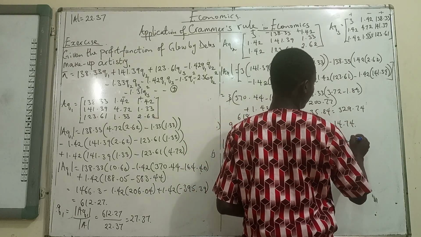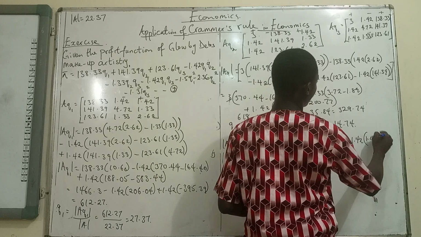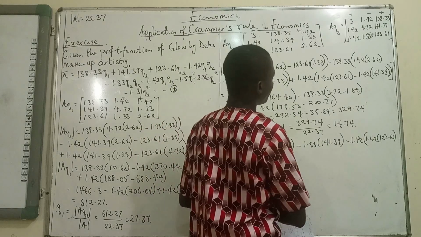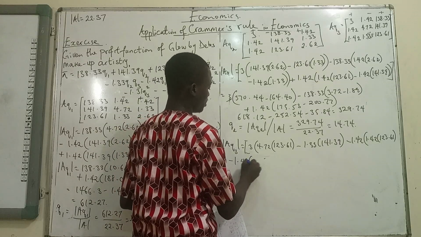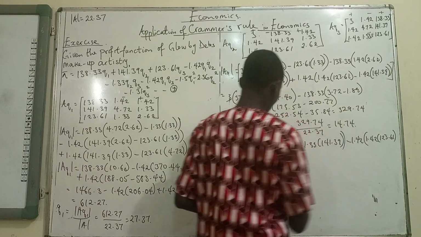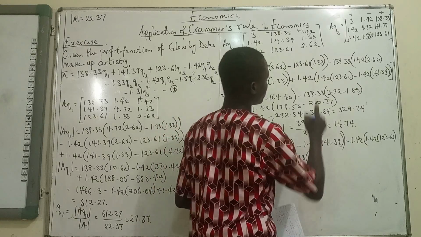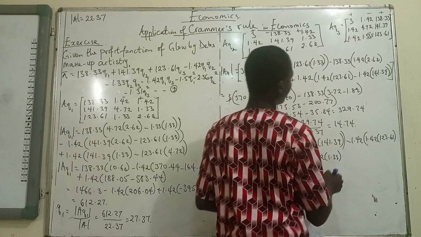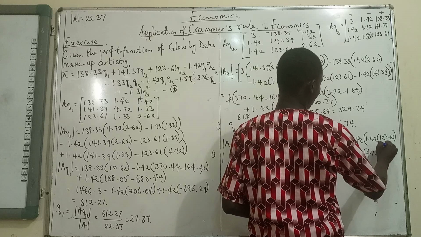Then that's minus 1.42 into bracket 1.42 times 123.61 minus 1.42 times 141.39. Alright, then we have plus 138.33 into brackets 1.42 times 1.33 minus 1.42 times 4.72. Okay, so we close the whole thing.